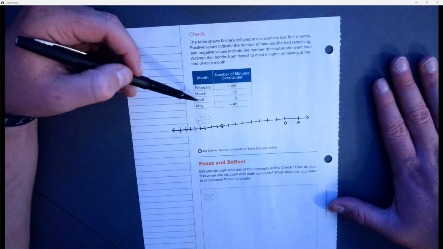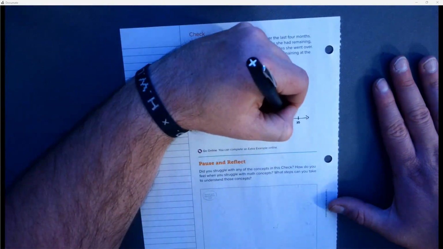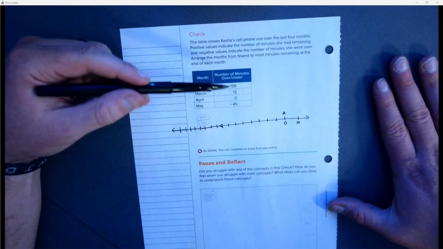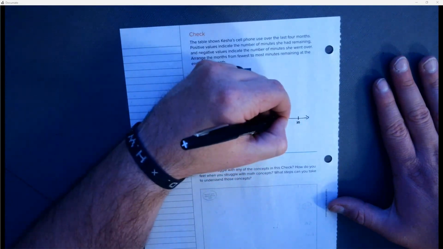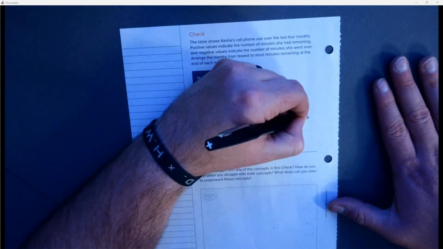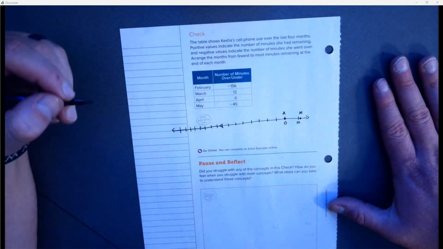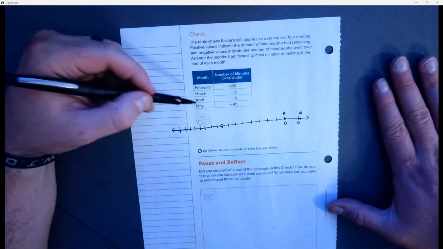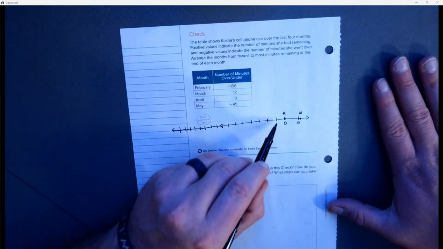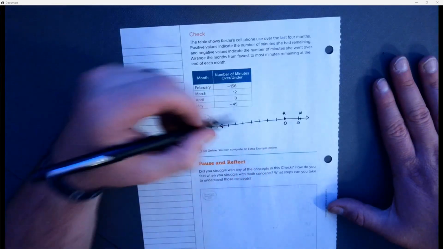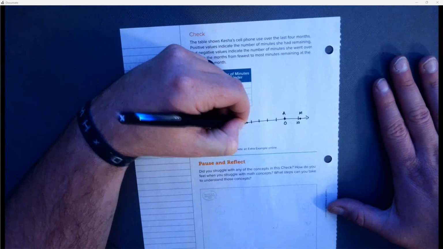So we know April is at 0. Put an A above it for April. March is at 12, so it's going to be a little past 10. We'll put an M there for March. And then May is at negative 45, so we're going to go 10, 20, 30, 40, 50. But we know 45 is between 40 and 50.